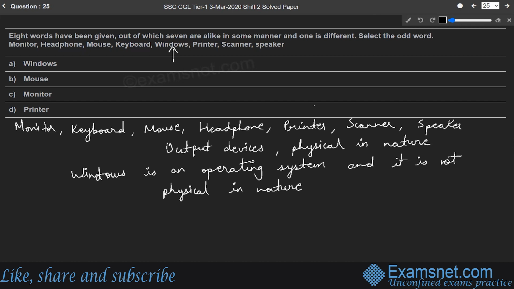Windows is an operating system that is designed by Microsoft. So the odd one out here is Windows. So for this question, the correct option is option A, which is Windows. I hope you are clear with this question.